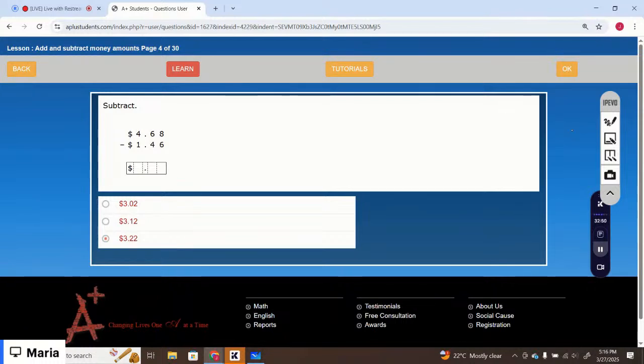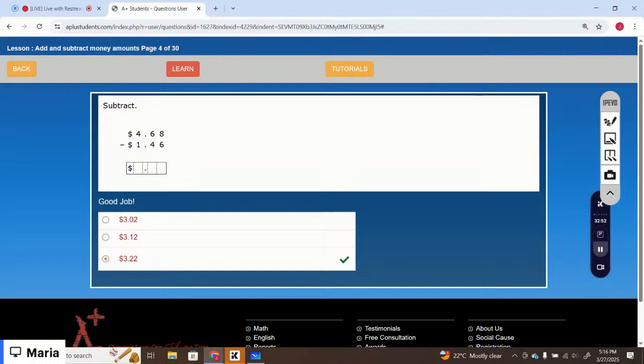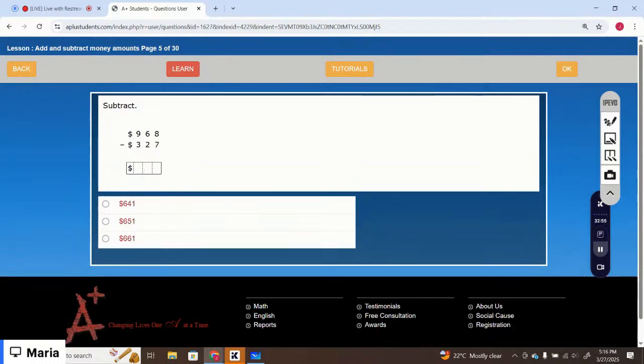The last option is the correct option. 968 minus 327, which is the correct option?